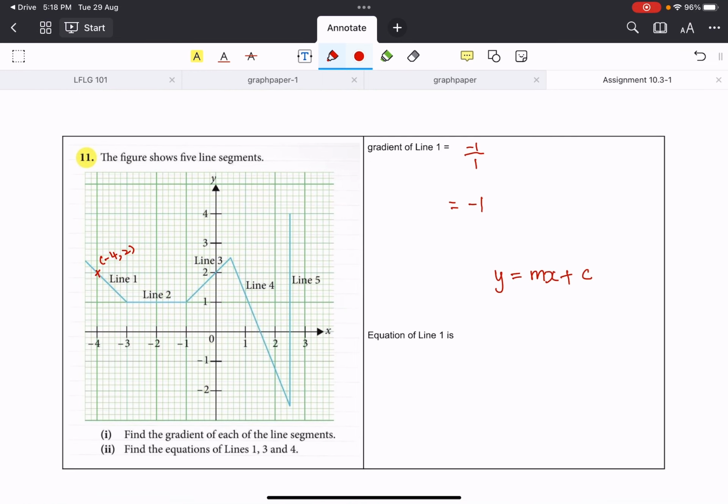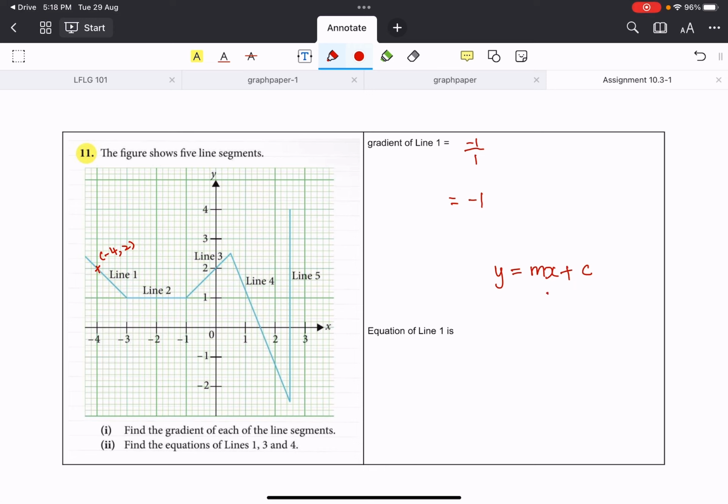Substituting, y is 2, m is -1, x is -4, plus c. So c is 2 minus 4, which is -2. Therefore the equation is y equals -x minus 2. This is the correct version.